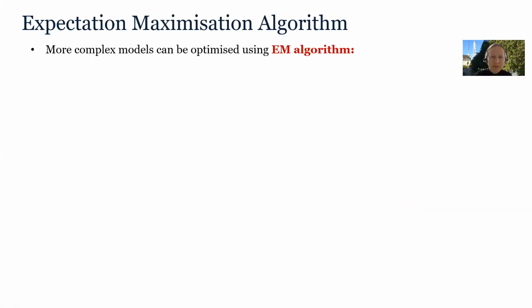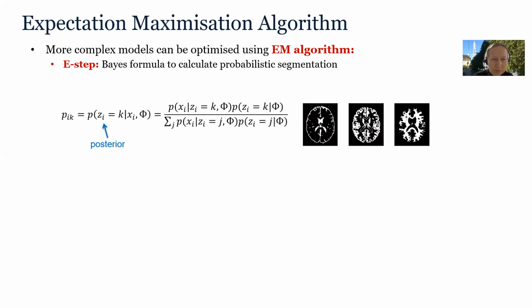We also need an optimization algorithm for this generalized case, and that is the expectation-maximisation algorithm that can do that for us. It's also called the EM algorithm, and it iterates between 2 steps. The first step is the E step, or expectation step, and in this step we calculate the probabilistic segmentations.